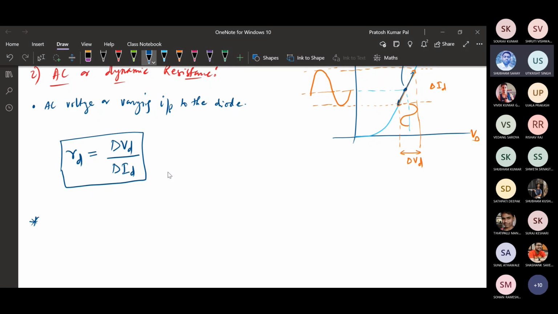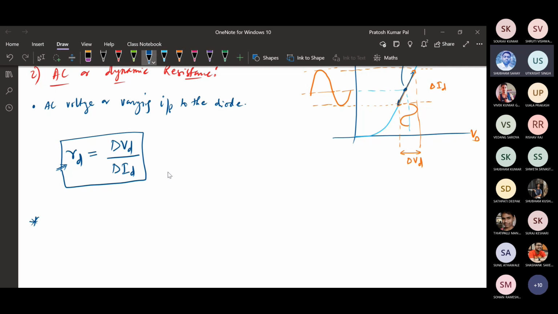That means either the voltage will be lower or the current will be lower, and with respect to that we will be getting this AC resistance. So this AC resistance will be high as we move from a Q point to a lower value. If we move to a lower Q point, we can see the variation.